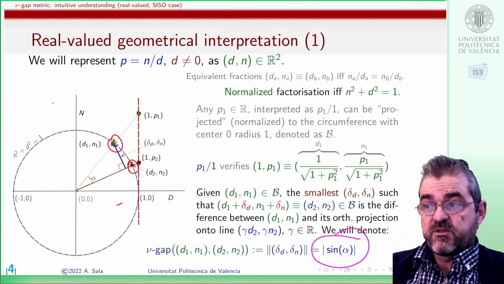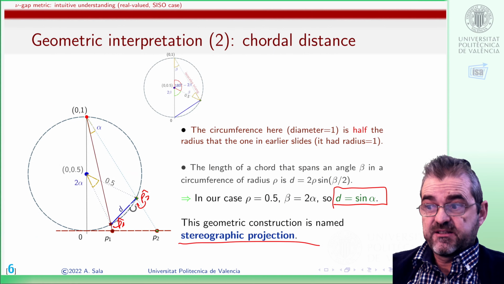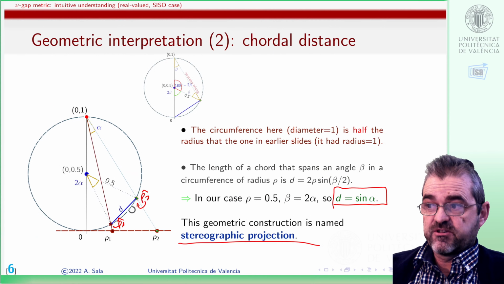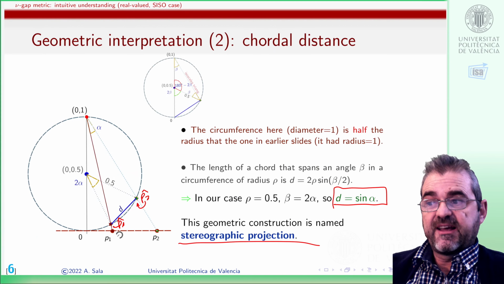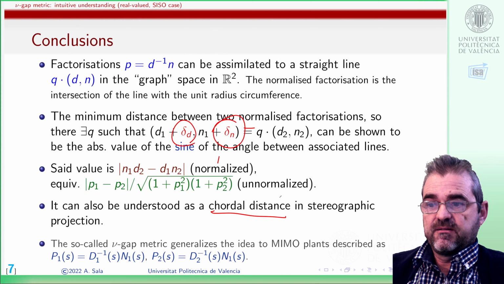And this distance between a point and a line can also be understood as the distance between the stereographic projection of P1 and P2, a chordal distance.